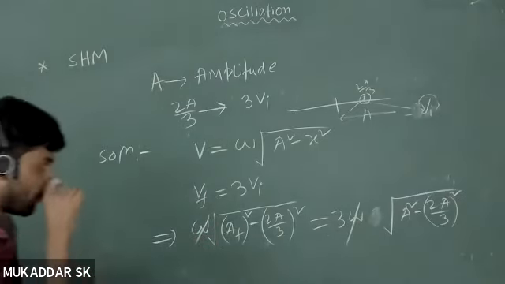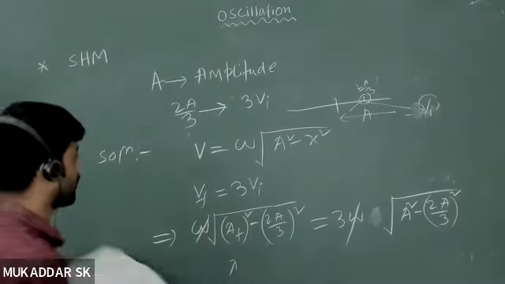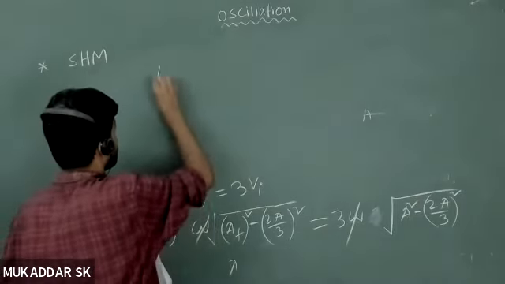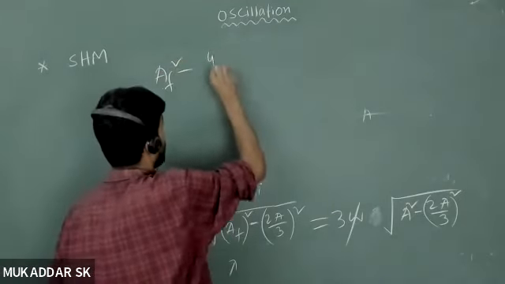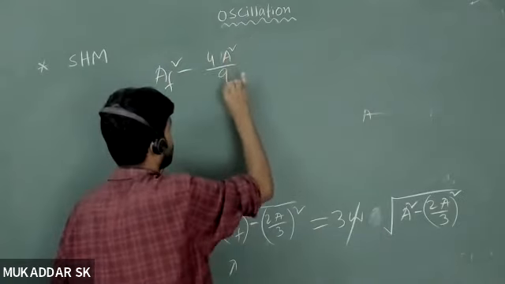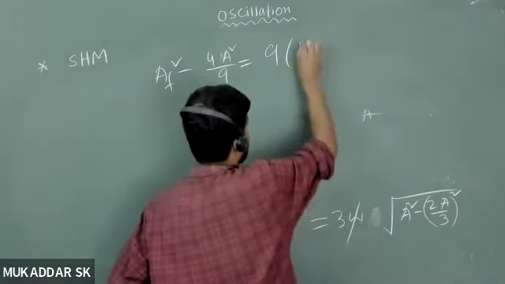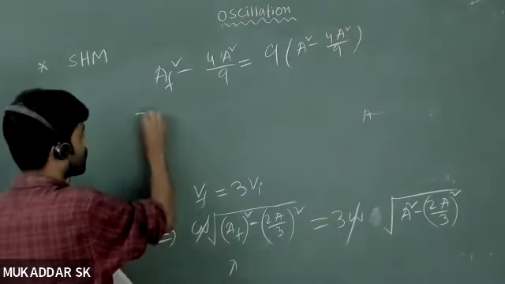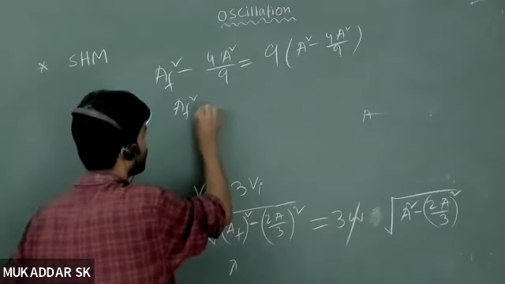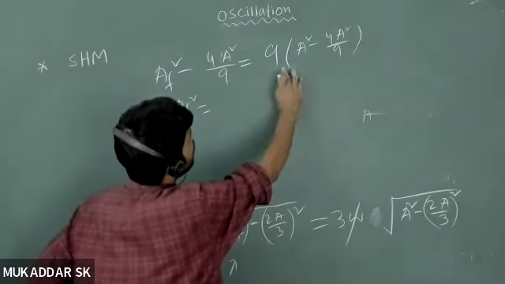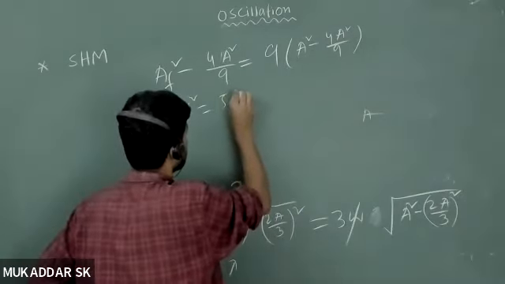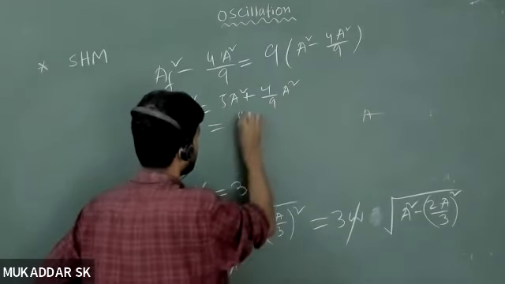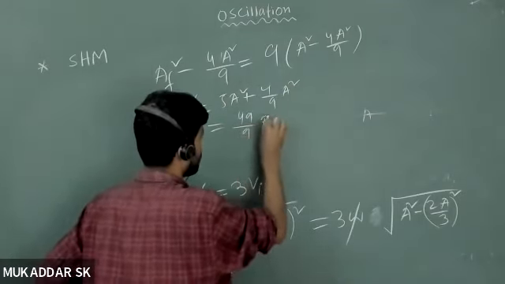Now if you square both sides, how much will you get? F square equals 9 times a square minus 4a square by 9, so F square will be 9a square minus 4a square by 9 times... simplifying, you will get F square equals 49 by 9 a square.